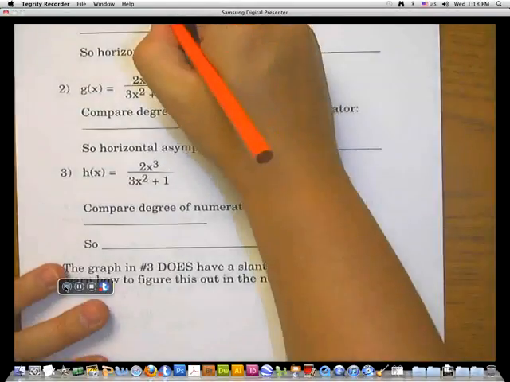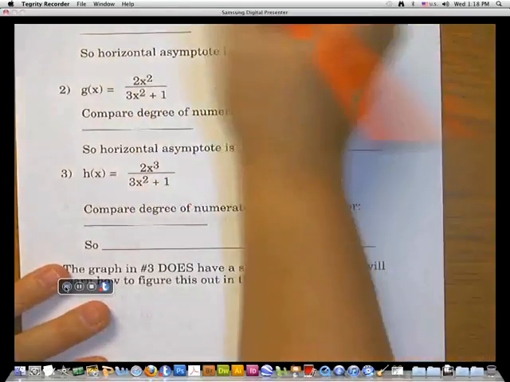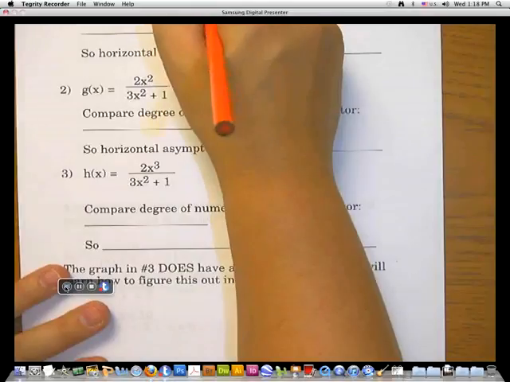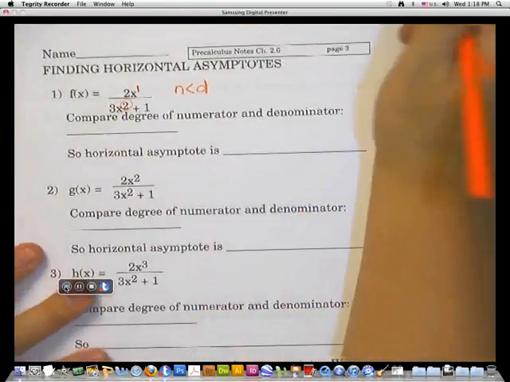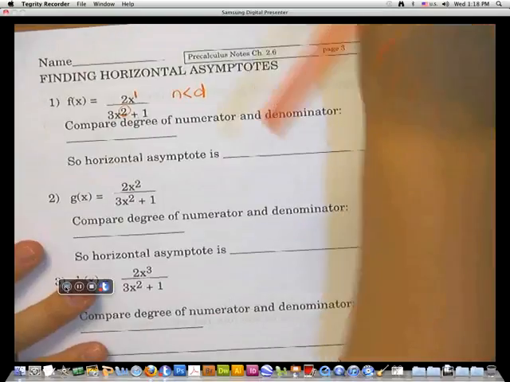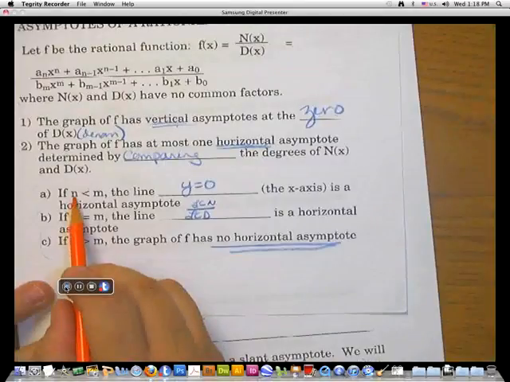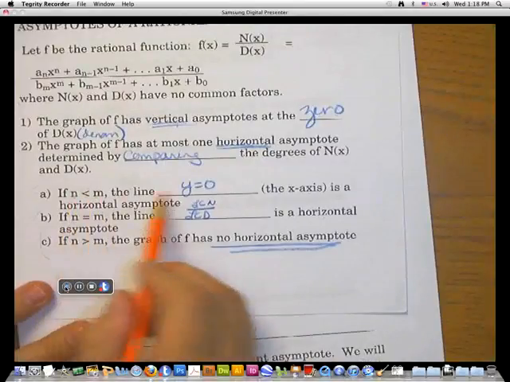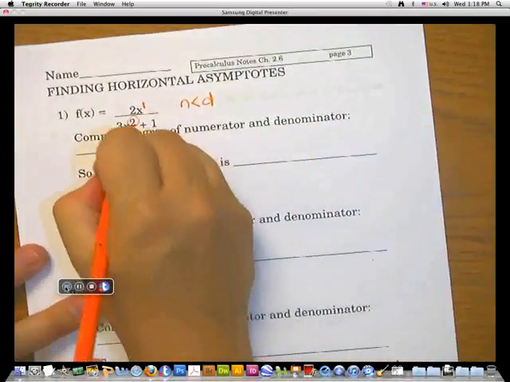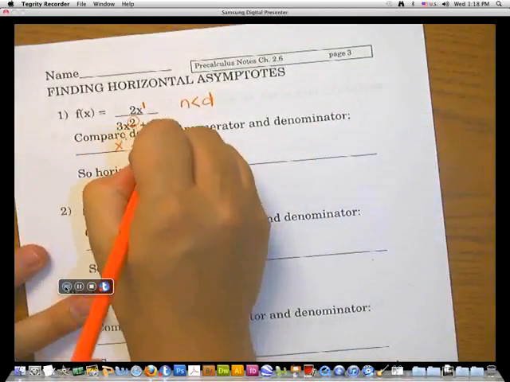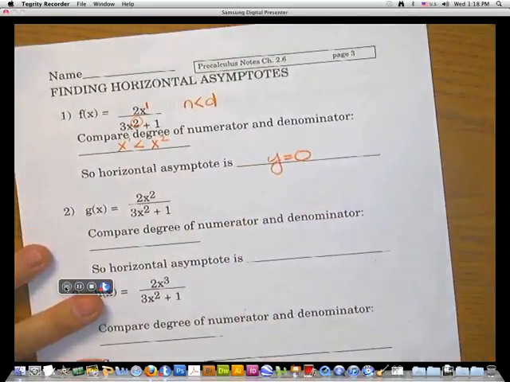So here, the degree is 1 in the numerator and 2 in the denominator. So we would say the numerator is less than the denominator, and according to what we just said, the horizontal asymptote is actually the x-axis, because x to the first is less than x squared, so the horizontal asymptote is y equals 0.